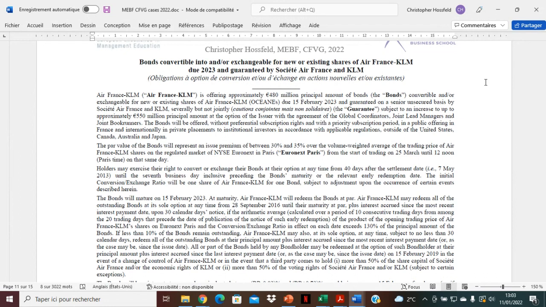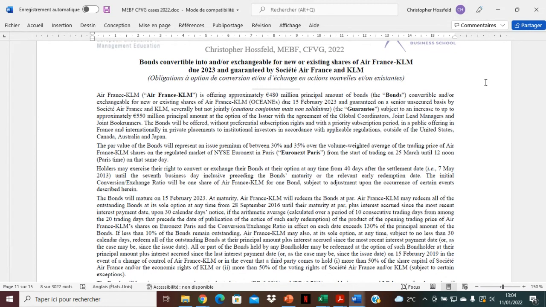The prospectuses we are talking about are roughly 80 to 100 pages of documentation. So you see it goes very much into detail, and in particular contains all the legal dispositions. So what happens if the company goes bankrupt, etc.